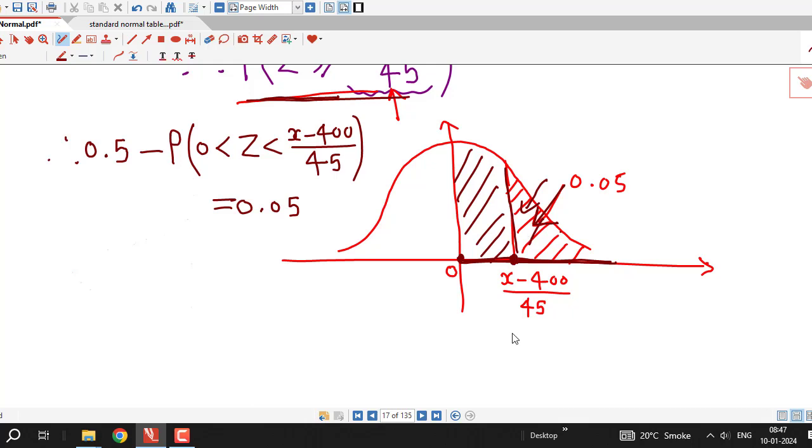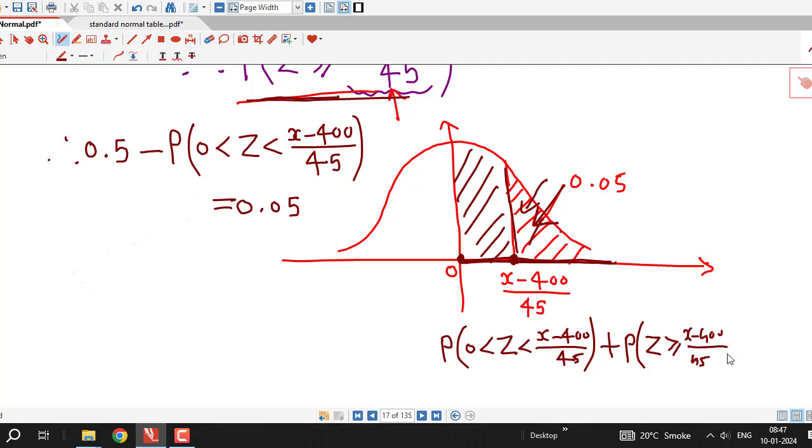So again I repeat, from this we can say that if we consider the area up to (x minus 400) divided by 45 plus area to the right side of this (x minus 400) over 45, this area is nothing but area to the right side of 0, that is 0.5.